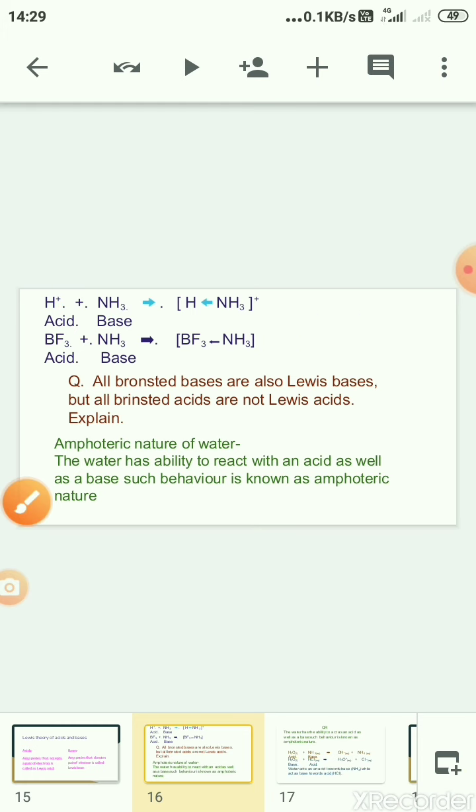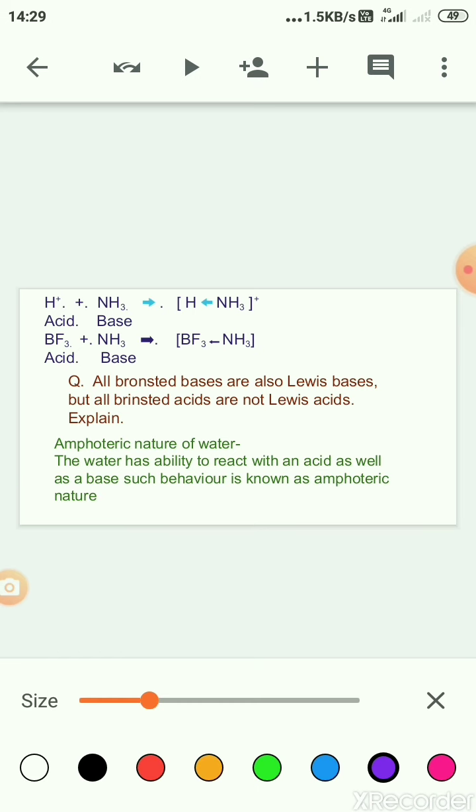Both electrons are given by nitrogen to hydrogen. Therefore the arrow between ammonia and hydrogen is from nitrogen to hydrogen. That means the arrowhead is towards the hydrogen, that is, electrons are given to the hydrogen ion, or proton.